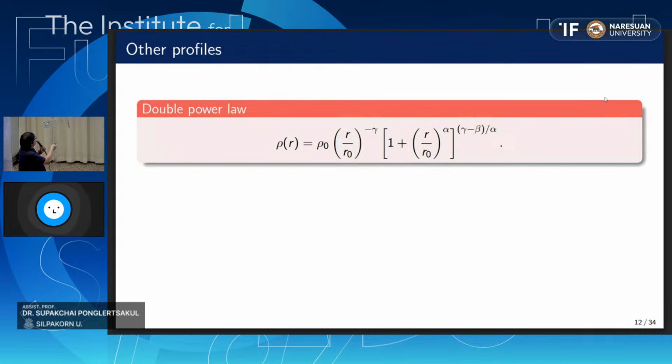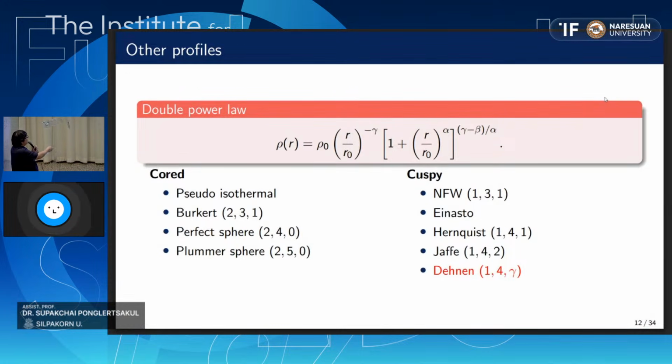People call this a double power law. And it's very general because it can give rise to many types of dark matter profiles that are already out there in the market. For example, you simply get the Burkert, Hernquist, Plummer sphere, and so on. That list goes on and on.